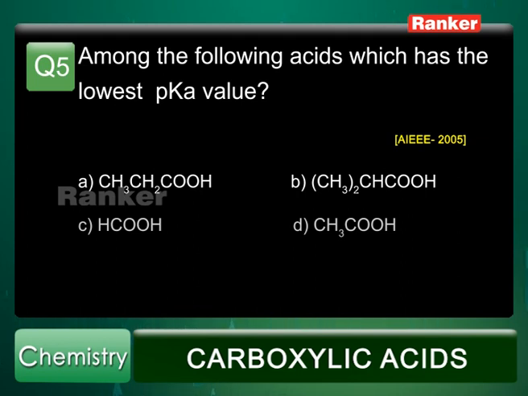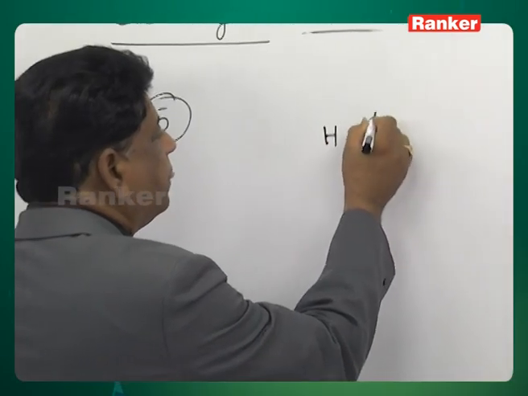So if you see the options, option A is propanoic acid, option B is 2-methyl propanoic acid, option C is only formic acid, option D is acetic acid. So in A, B, D we have some donating groups, whereas in option C we have only formic acid, no donating groups.